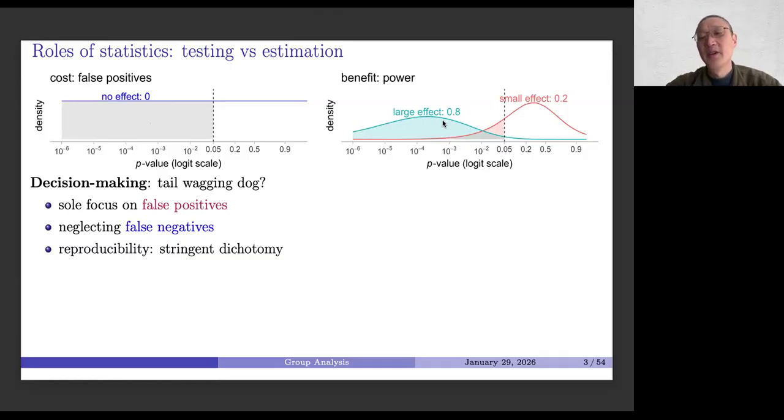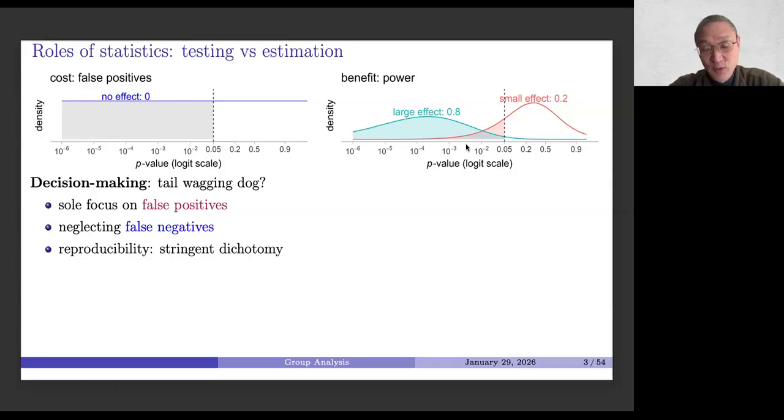The green one is strong, so most of the distribution is on the left-hand side of the threshold bar. But if the effect is small, the red one, then we would have trouble surviving that threshold. That will create a problem.